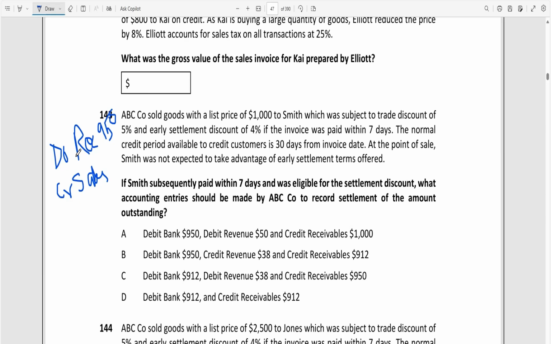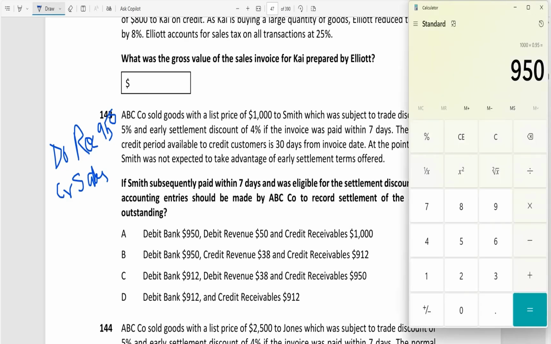But here the case is different as the customer has paid within 7 days. So 950, and if we give a discount of 4%, the remaining will be 0.96, so 912 needs to be paid by the customer.